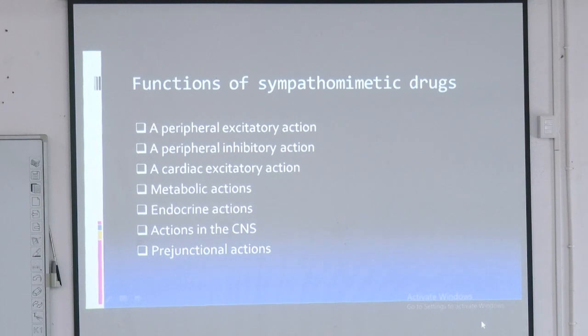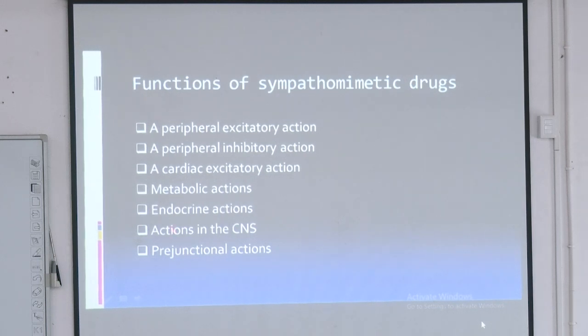Functions of the sympathomimetic agent. Number one, peripheral excitatory action, mainly on smooth muscle. Then peripheral inhibitory action in certain smooth muscle with the help of the beta receptor or alpha 2 receptor. Cardiac excitatory action, mainly by beta 1 and sometimes alpha 2 may also come into play.